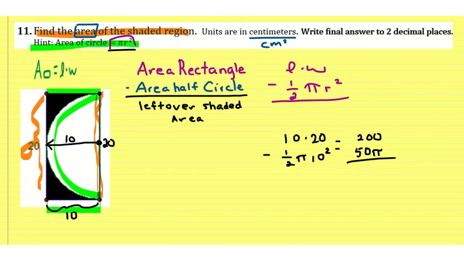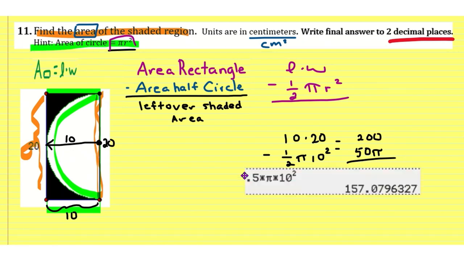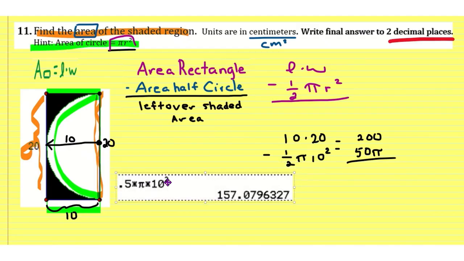But they want our answer in 2 decimal places, which means we're going to have to calculate out the pi and not leave it as a pi. So let's see what we can do here. With our calculator, half of pi times 10 squared is equal to 157 with all of these decimal places, but they only want 2 decimal places, so let's wait to the end.